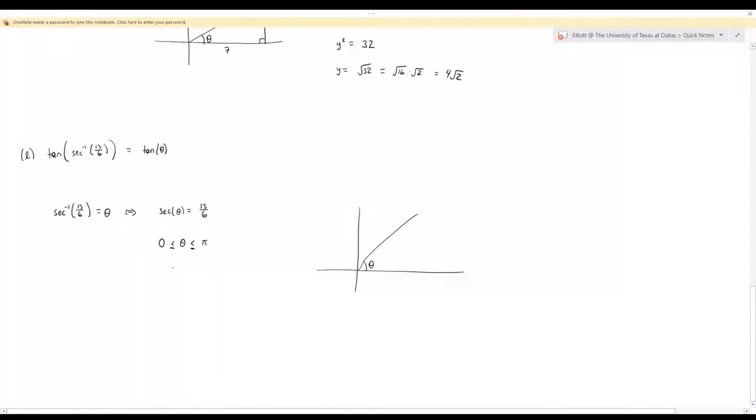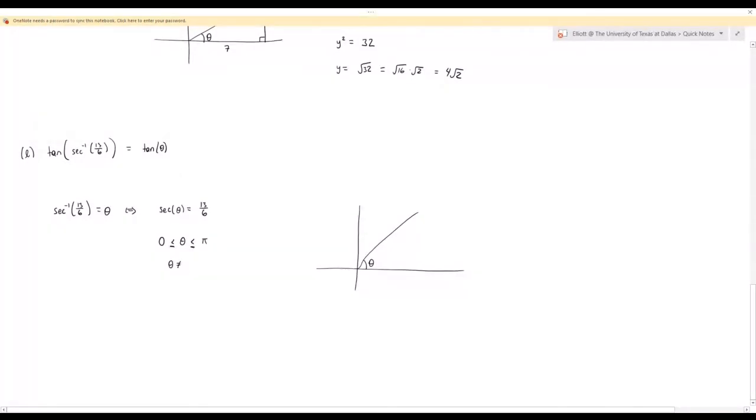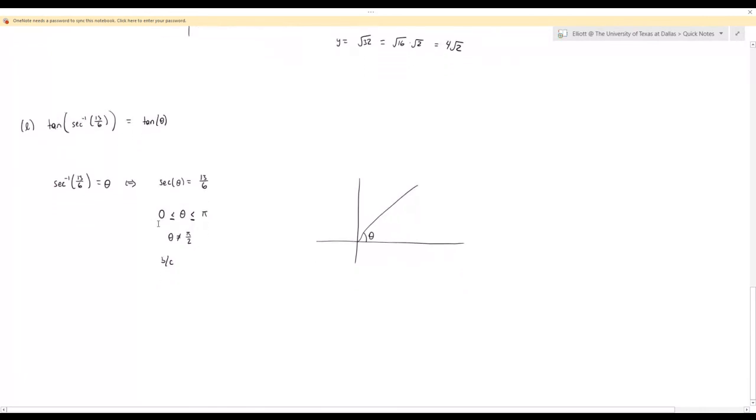Instead, the restriction on secant is that theta can't be equal to pi over 2. Thanks for that correction. Secant was a little bit different, and I just wasn't thinking enough on that. So for secant, it is less than or equal to at the endpoints, but theta cannot equal pi over 2 because secant has a vertical asymptote at pi over 2 instead.